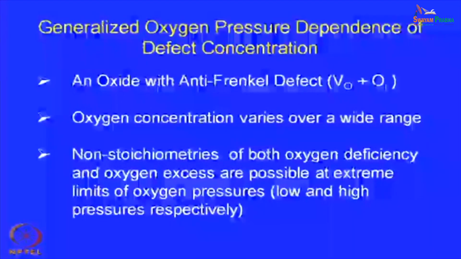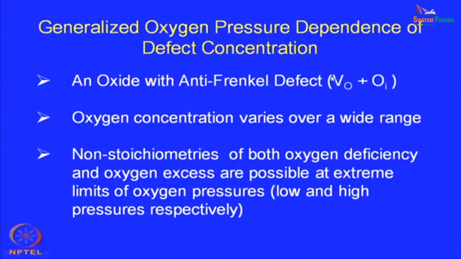defects are generated only at the oxygen sublattice, metal sublattice we are not including. So, in oxygen sublattice two types of defects can take place or can be created. One is oxygen vacancy and the other is oxygen interstitial. That is why it is called anti-Frenkel defect, if you remember from our original definition. Whenever there is a presence of oxygen vacancy and oxygen interstitial, we call it anti-Frenkel defect.